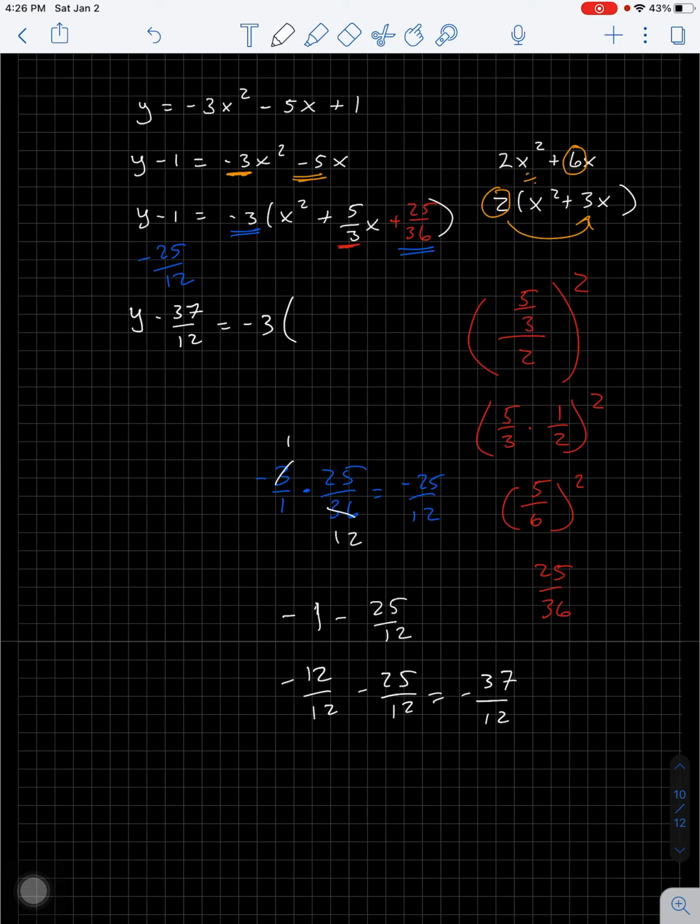Okay, and then I'm going to factor the right-hand side. This is where the trick comes in super handy. How does this factor? Well, it factors with an x, and then whatever this number is what goes in here. So this is going to be plus 5/6.